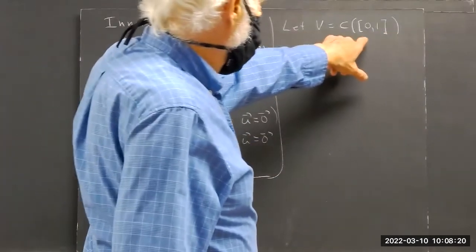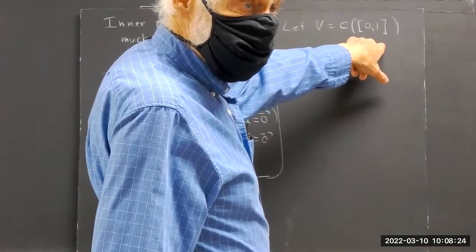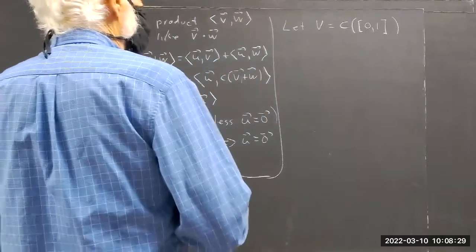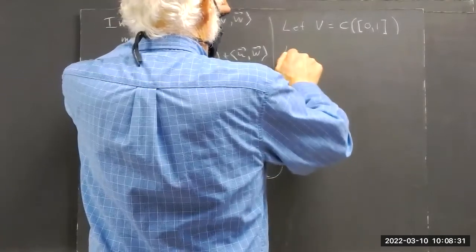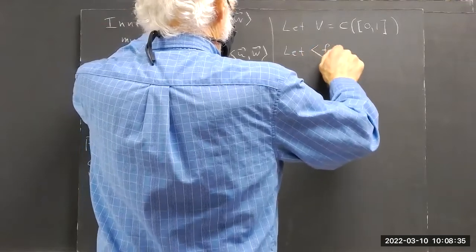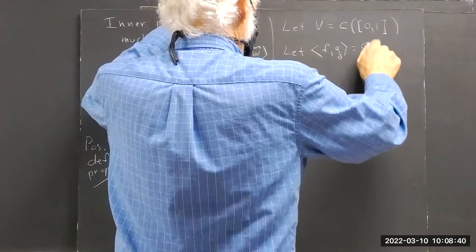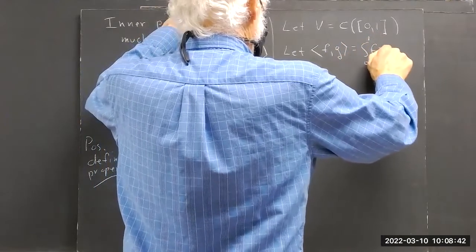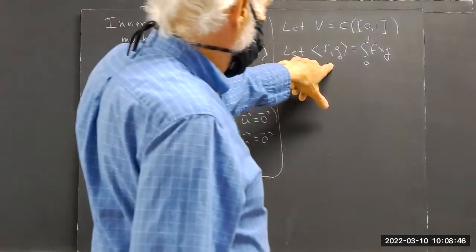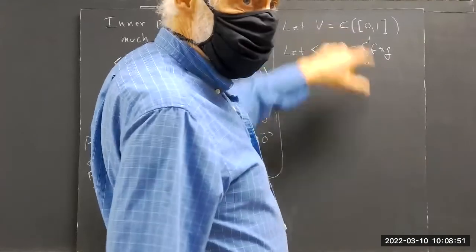Let V be the vector space consisting of all continuous functions in the interval 0, 1. Let the inner product of f and g be the integral of f times g from 0 to 1.